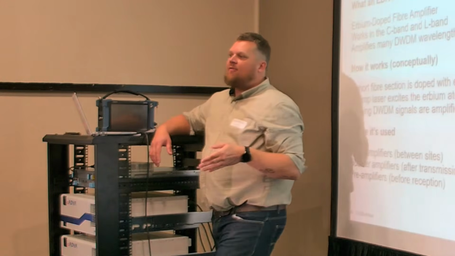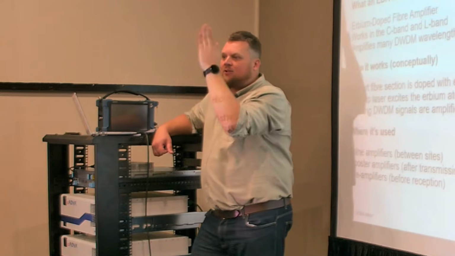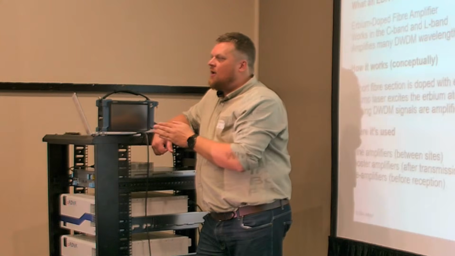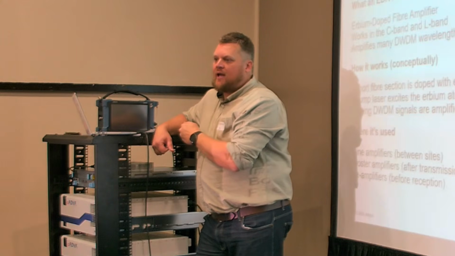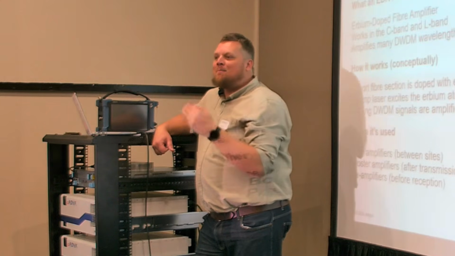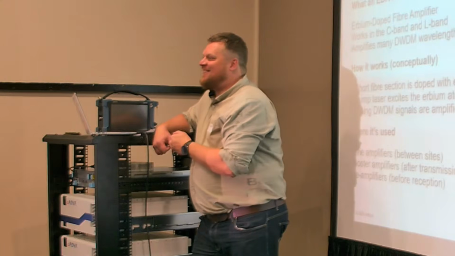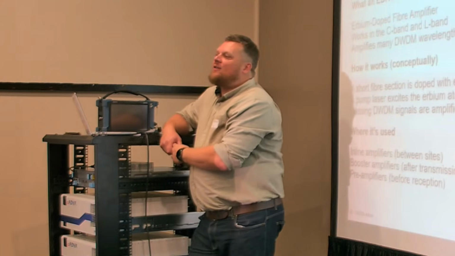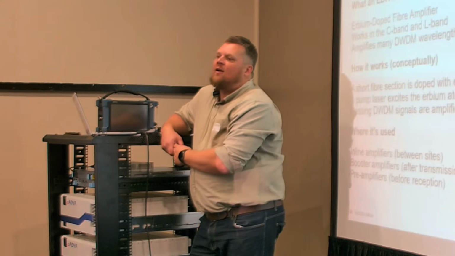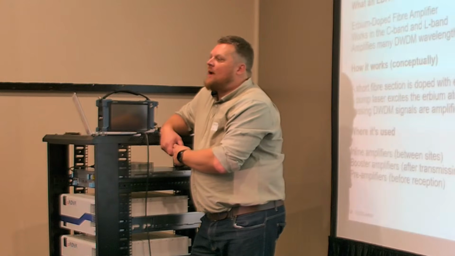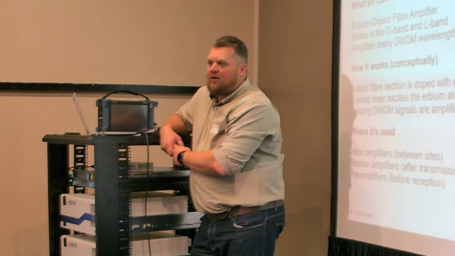Then a preamplifier is basically an amplifier that sits before your node on the receive side, and it amplifies the signal that you get. But there is an impact on deploying it. So if you've got a 2-node solution and you want to amplify, your signal has to be amplified.